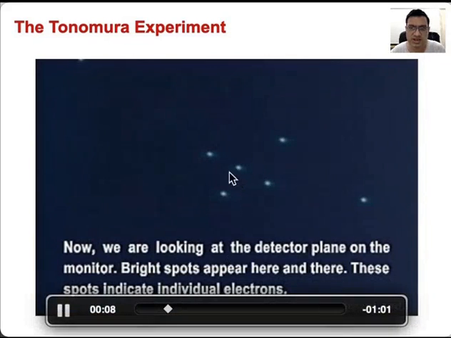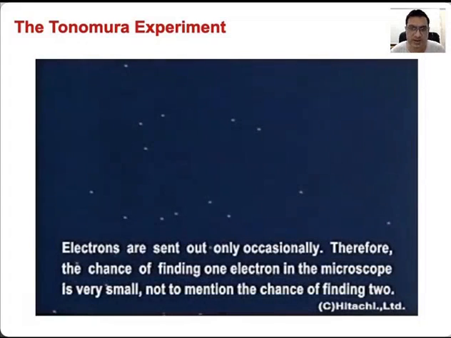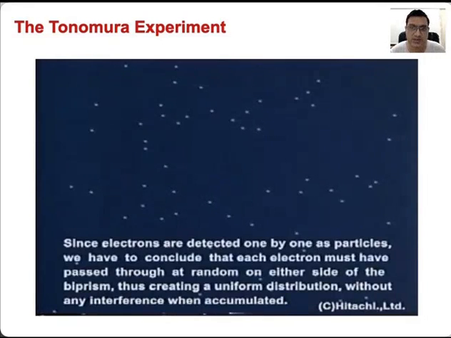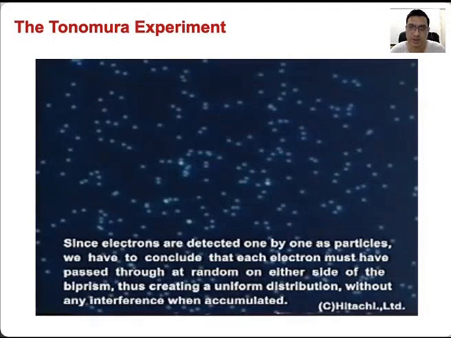So here you could see that electrons are hitting the detector, and electrons are sent out only occasionally. Therefore, the chance of finding one electron in the microscope is very small, not to mention the chance of finding two. If you keep doing the same process over and over again, you can see that you are getting more and more spots on the detector.